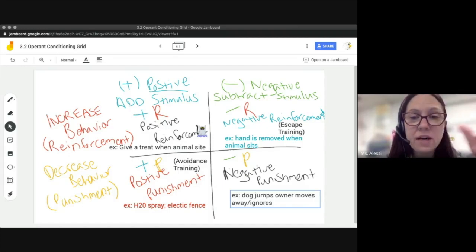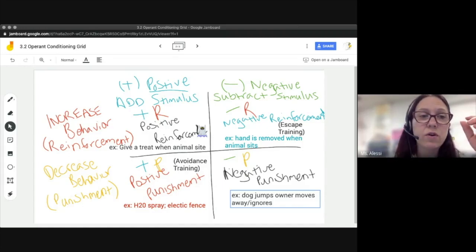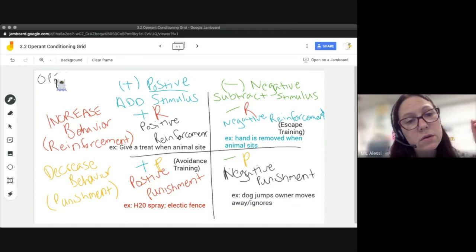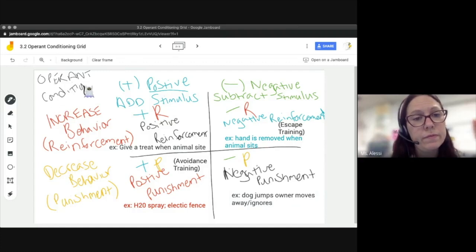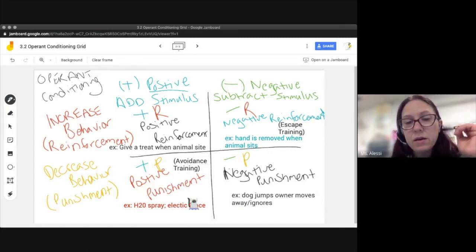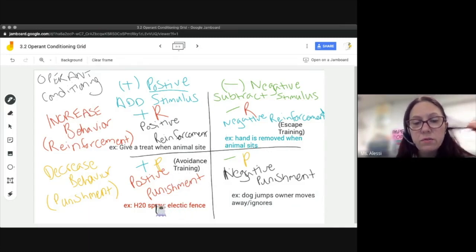Make sure you get this down. This overall concept is operant conditioning. Okay. So operant conditioning is the overall concept here. So make sure you get this grid in your notes and you can continue to add to it as far as some examples.